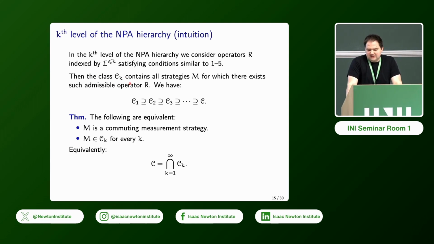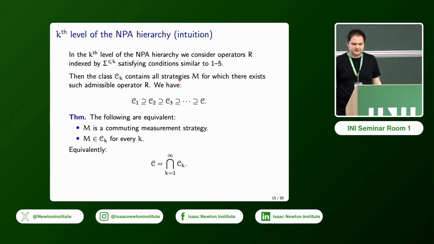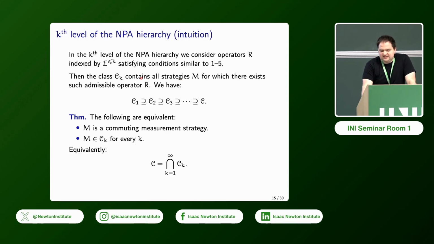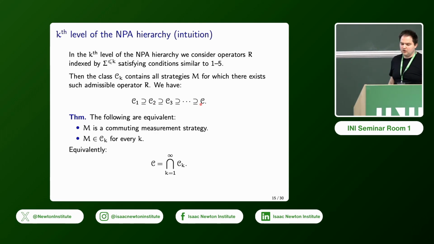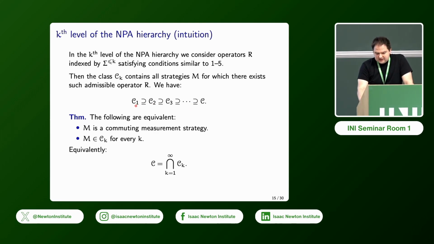And then we obtain the class Ck containing all strategies for which there exists such an admissible operator R. And then we get a hierarchy of classes like this, which is the NPA hierarchy.